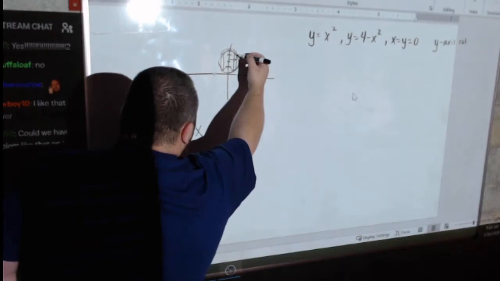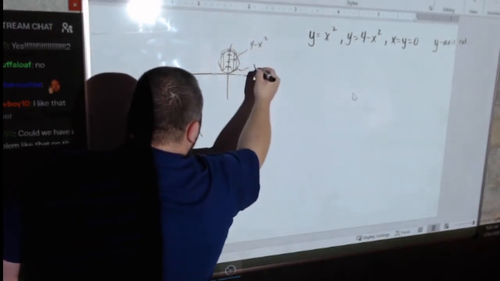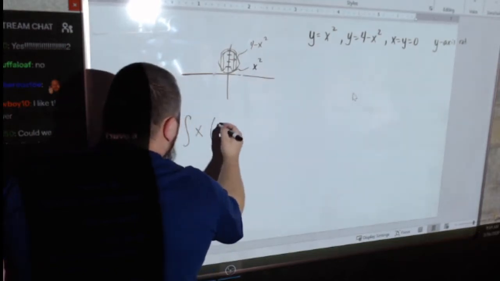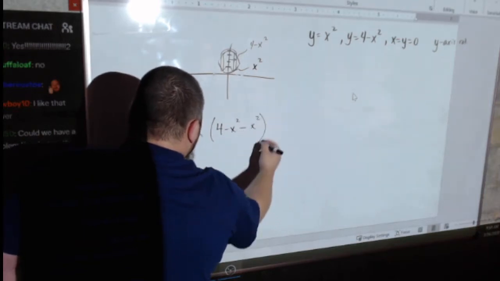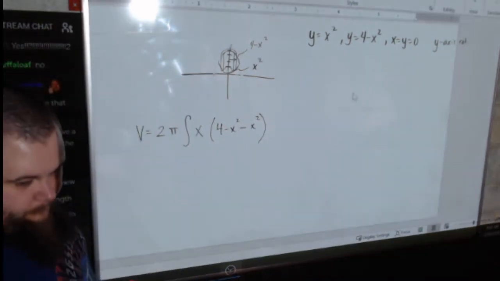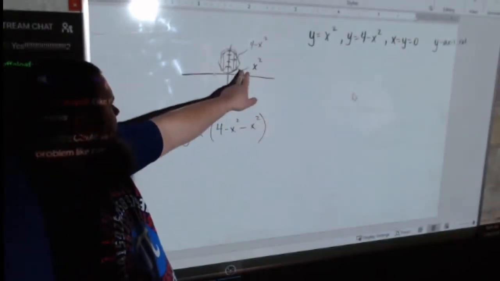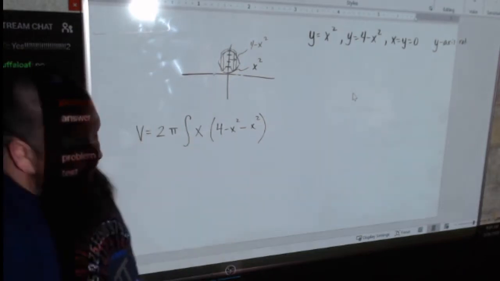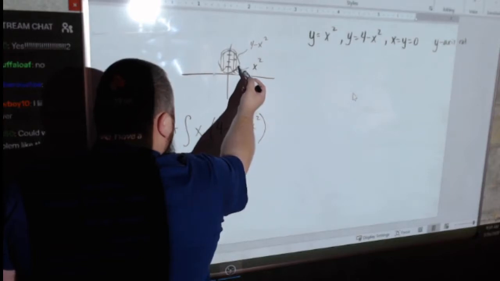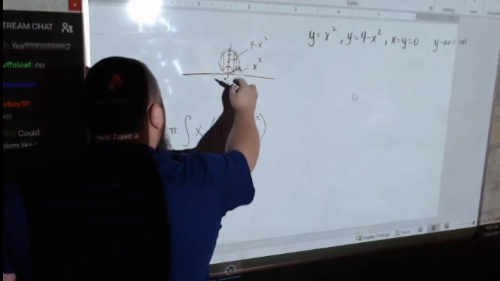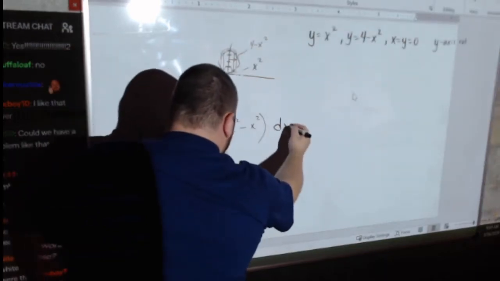Well, in this case, it's going to be the upper function, which is 4 minus x squared, minus the lower function for my height. So 4 minus x squared, because that's the upper function, minus the lower one, which is x squared. Right, because that will exclude this area that we would pick up and then rotate around. So that's why we do that. And then dx.